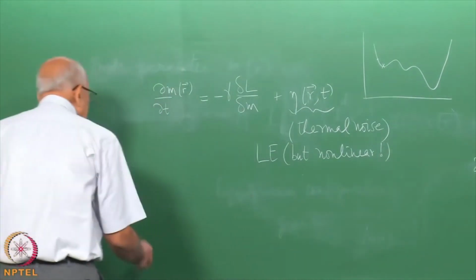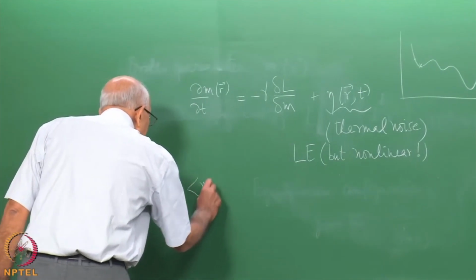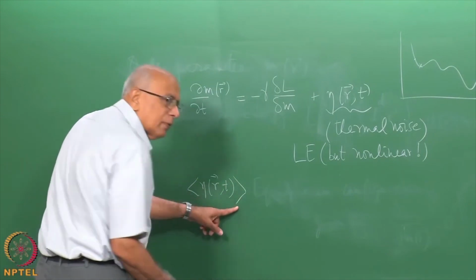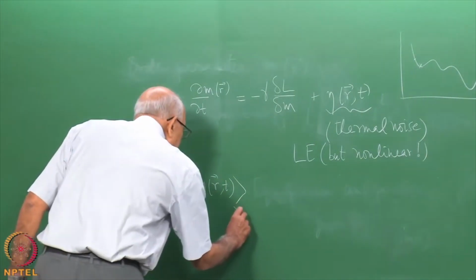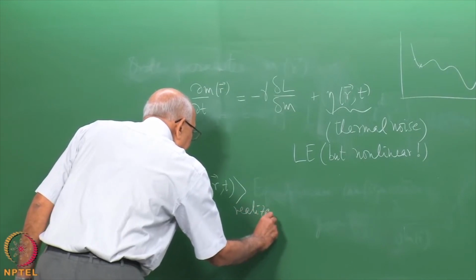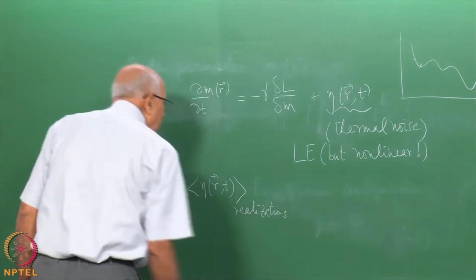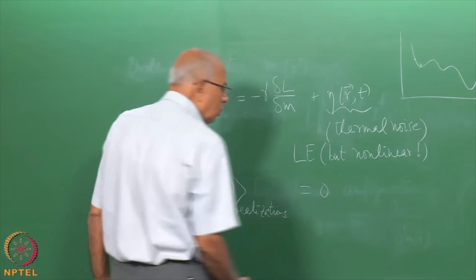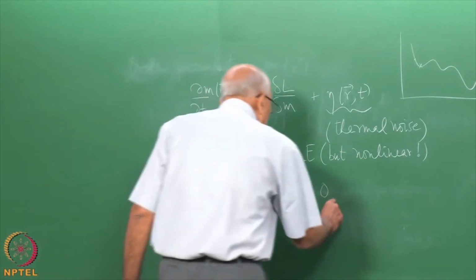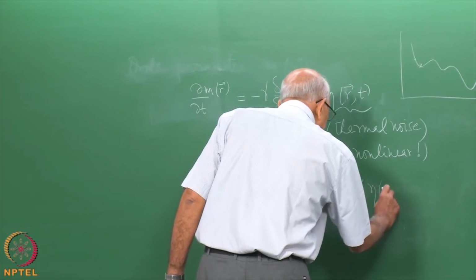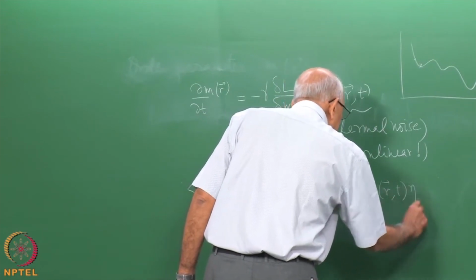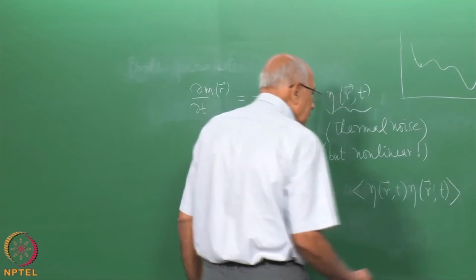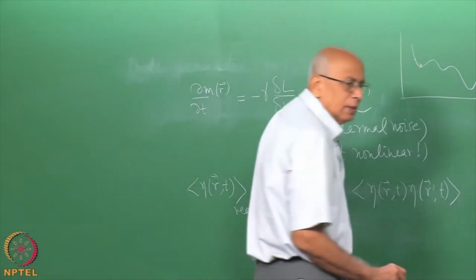So, we will start by making this assumption that eta of r and t, over all realizations of this noise, has 0 average, and moreover, here is a crucial assumption, eta of r t, eta of r prime t prime over all realizations is proportional to delta functions.